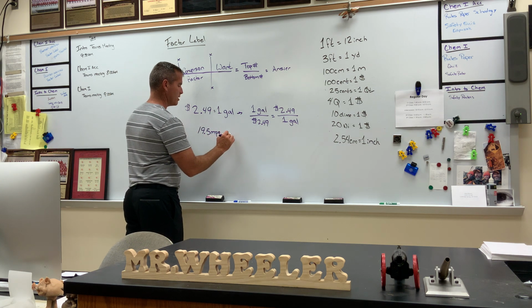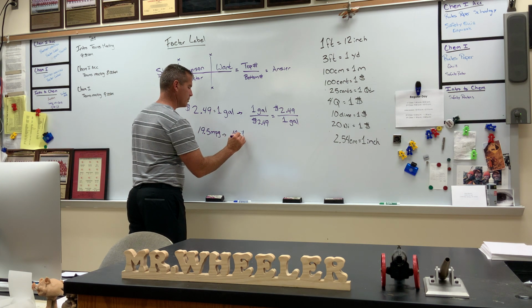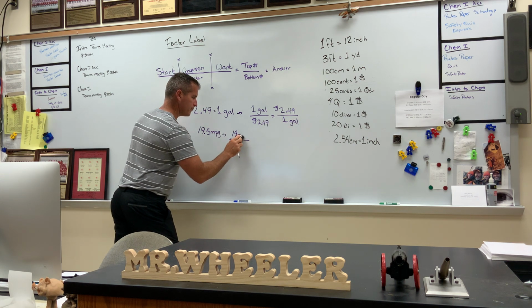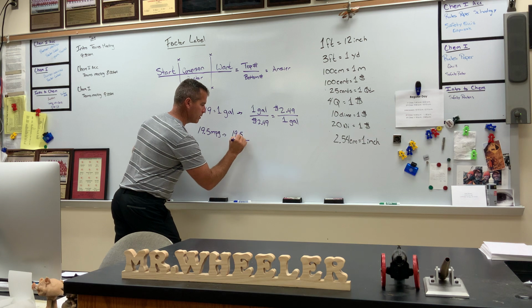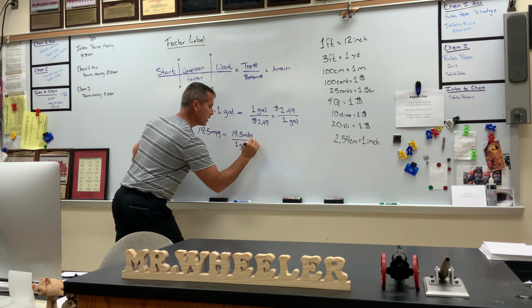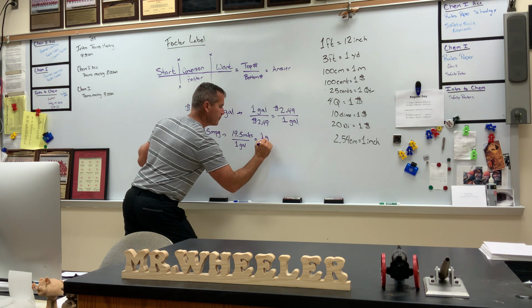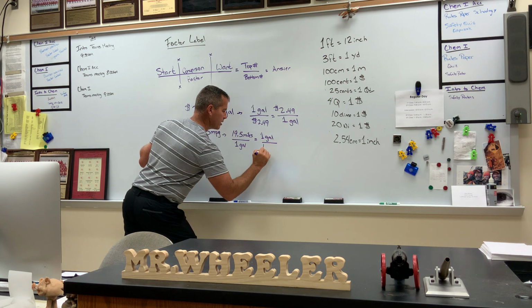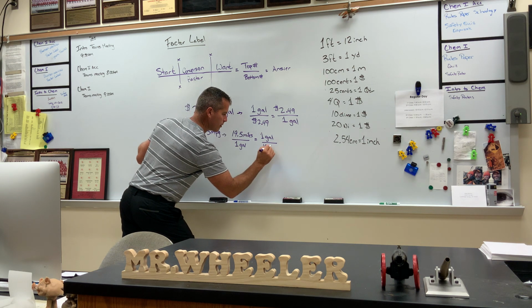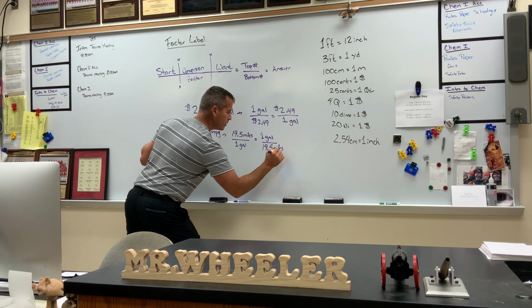What does that mean? It's 19.5 miles for every 1 gallon, which is the same as 1 gallon for every 19.5 miles.